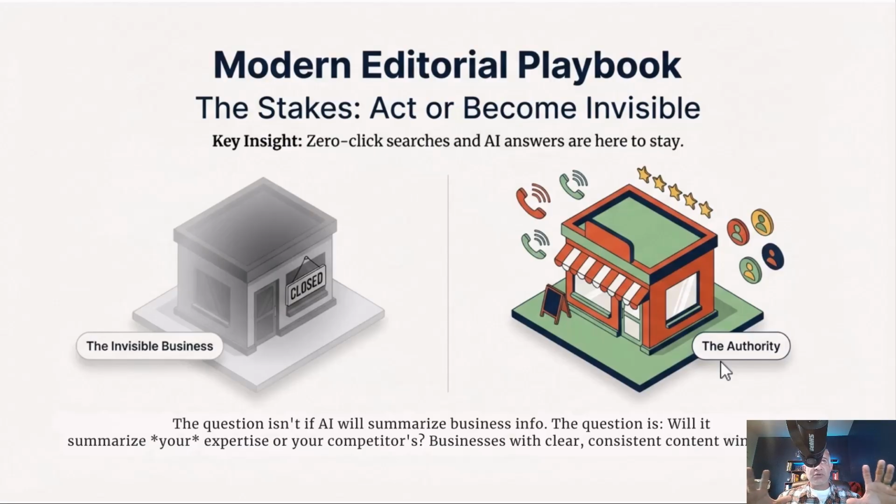Google and AI tools are not going backwards. Okay? Zero click and AI answers are here to stay for the foreseeable future. The real question is, will they be summarizing your expertise or your competitors?